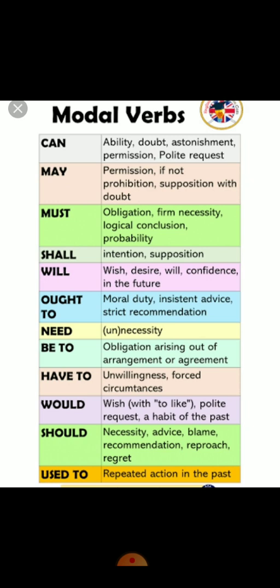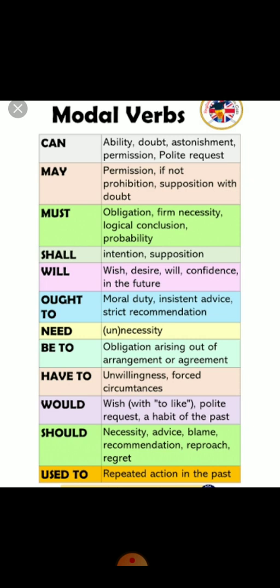Only the first form of the verb can be used after a modal auxiliary. That means with modal auxiliary, the first form of verb is used. There are forms, right? Second form, third form, fourth form. That means past, past participle, present participle. These forms are there of verb.